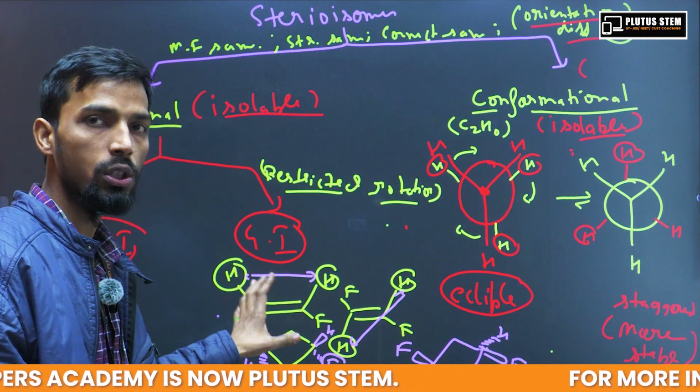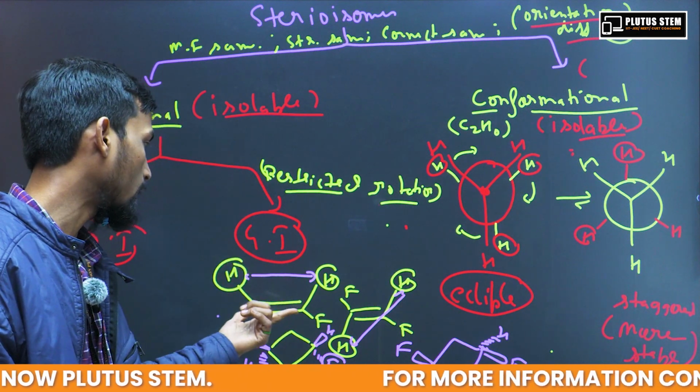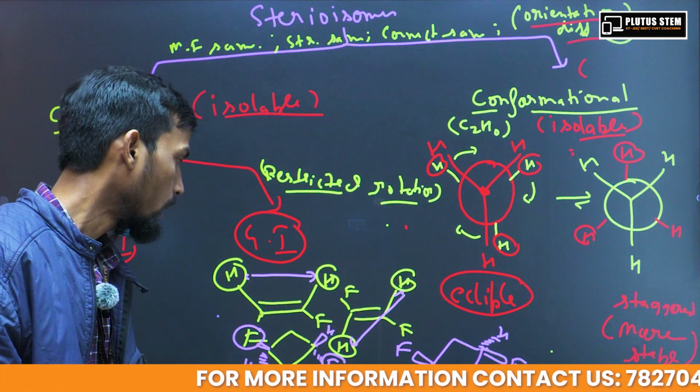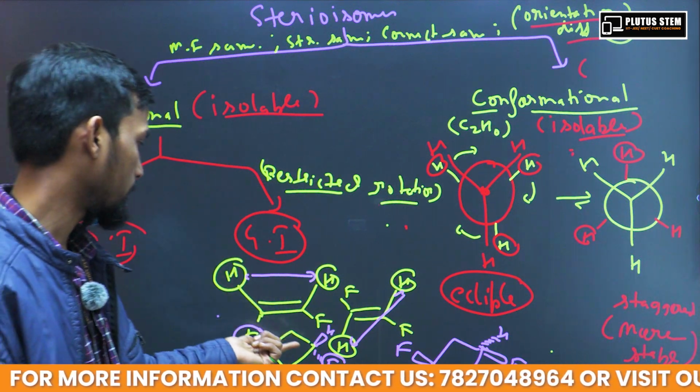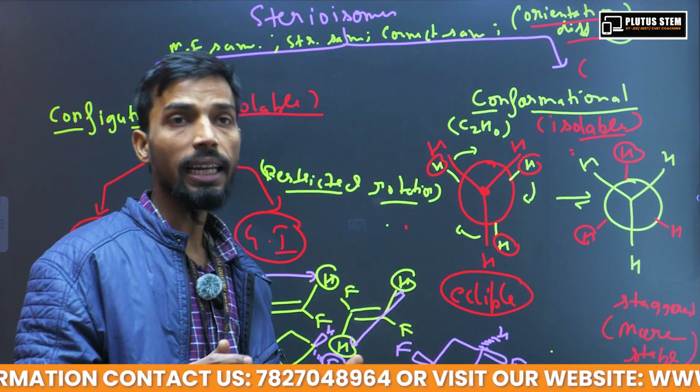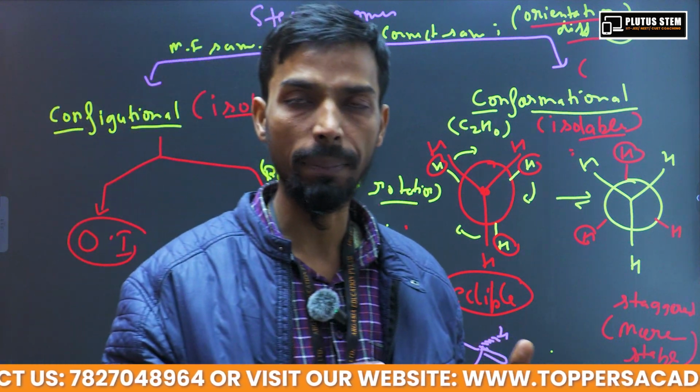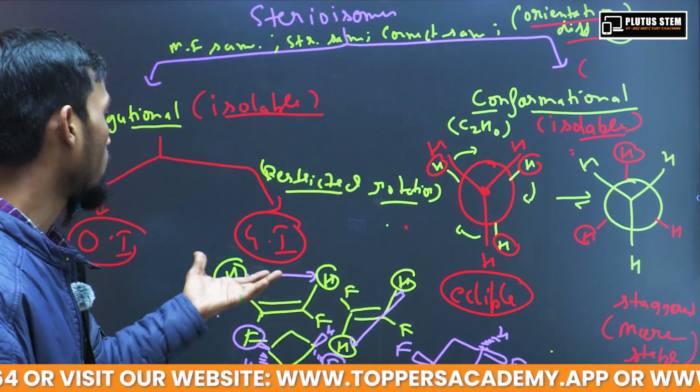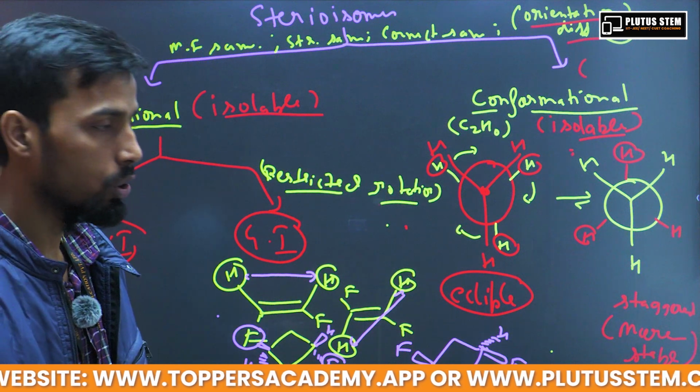Generally we study this type of isomer at a double bond or alkene, but it is shown in this cyclic compound also, and there are many more compounds in which we can see geometrical isomers.